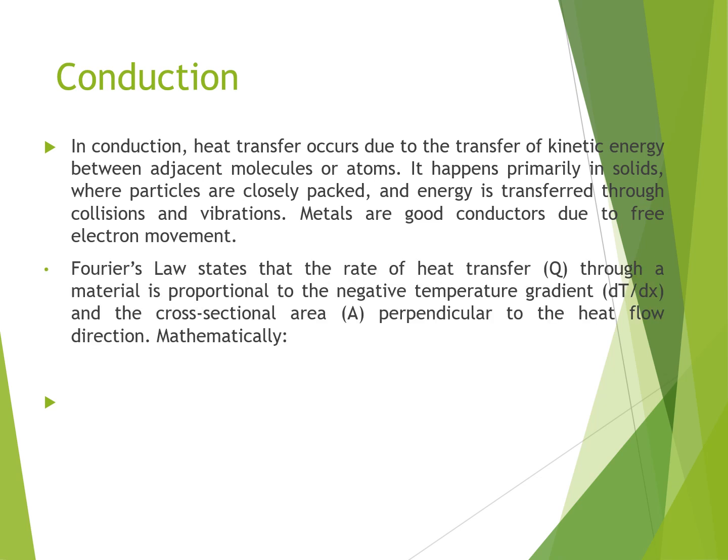And Fourier's law states that the rate of heat transfer through a material is proportional to the negative temperature gradient and the cross-sectional area perpendicular to the direction of heat flow. Mathematically, it can be written like this, where Q is the heat transfer rate, A is the area, and delta T by delta X is the temperature gradient.